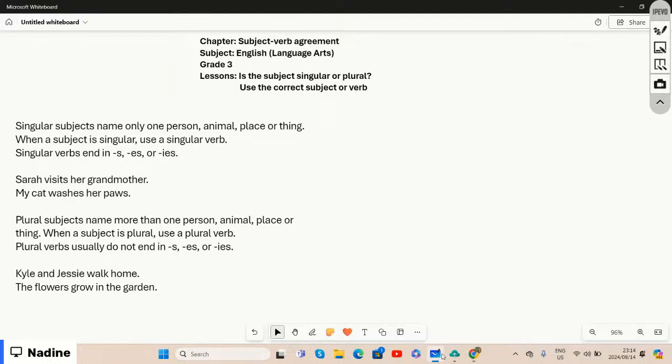And if we look at an example of plural subjects and plural verbs, now our plural subject with our plural verb: Kyle and Jesse walk home.